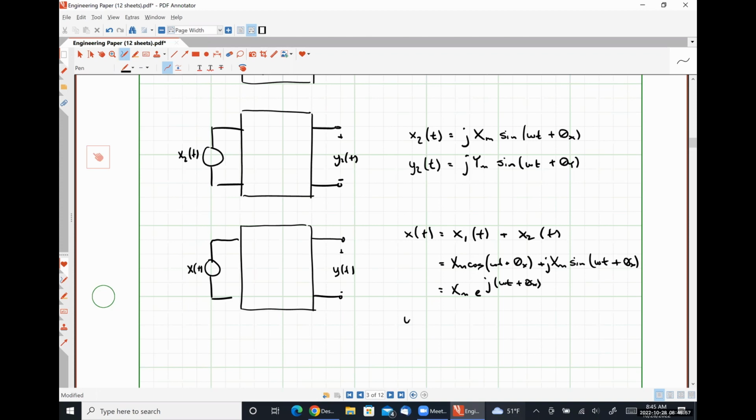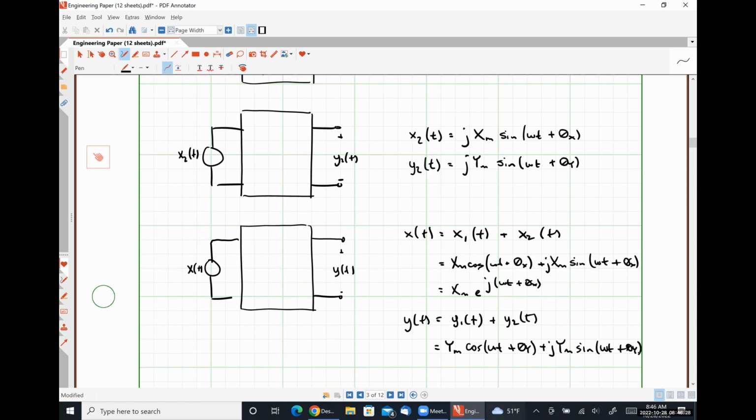My output, y of t, is going to be y1 plus y2, or ym cosine omega t plus theta y plus j ym sine omega t plus theta y.